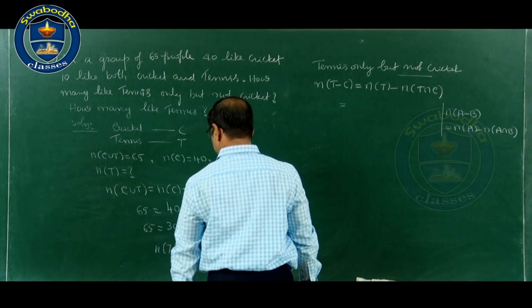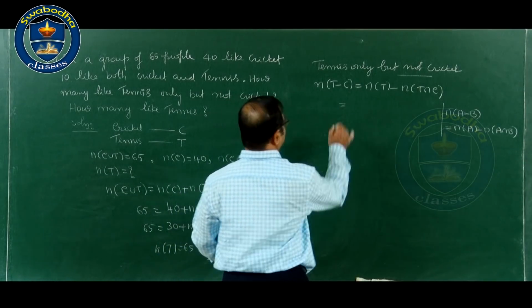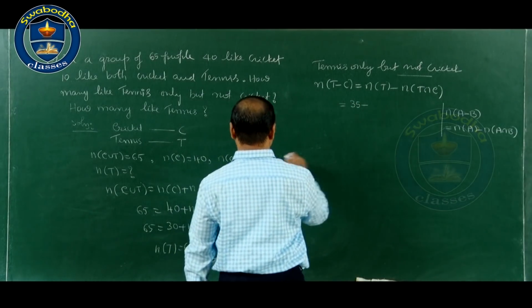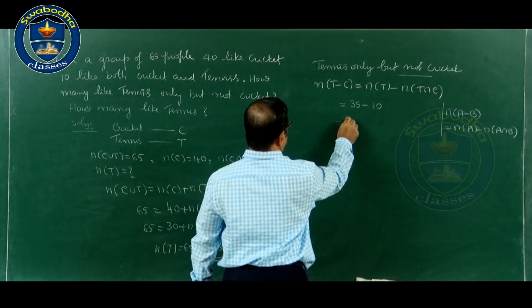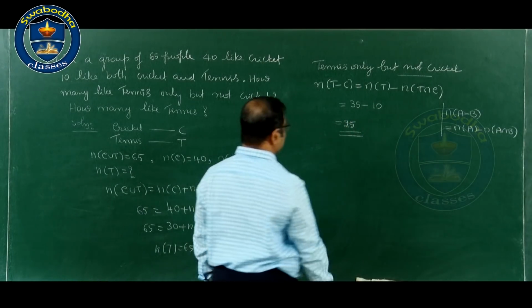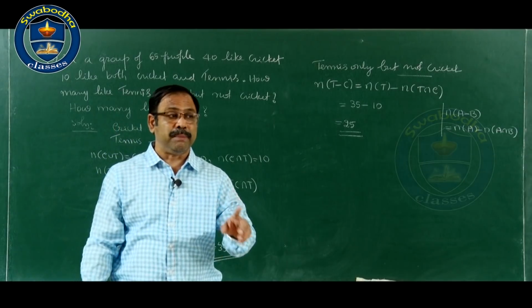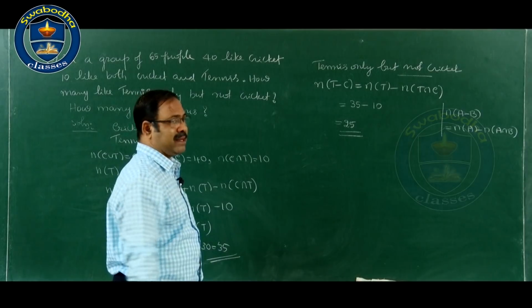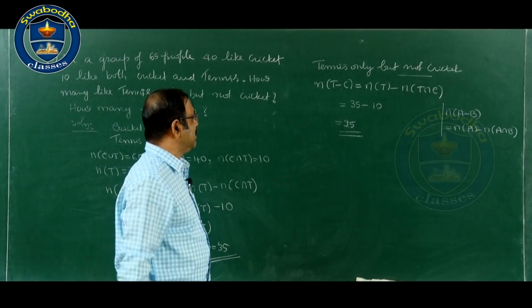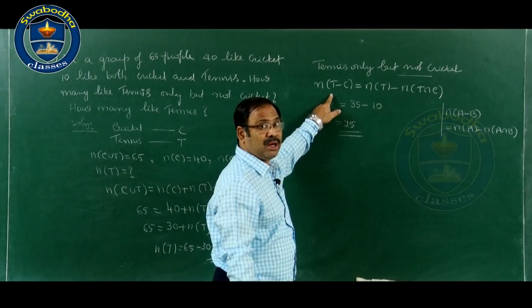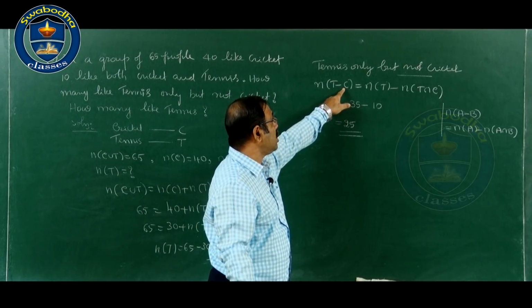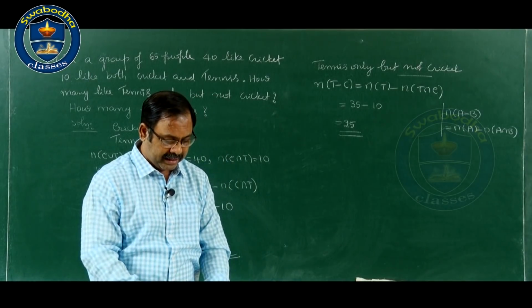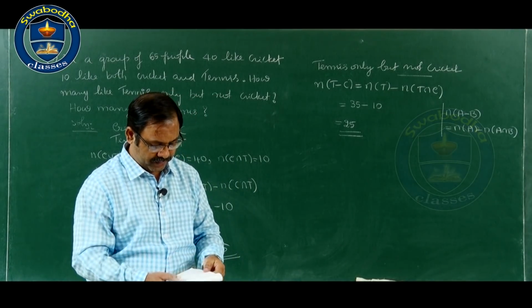We have calculated it, that is 35. What is N of T intersection C? 10. So this is 25. Therefore 25 people like only tennis, but not cricket.